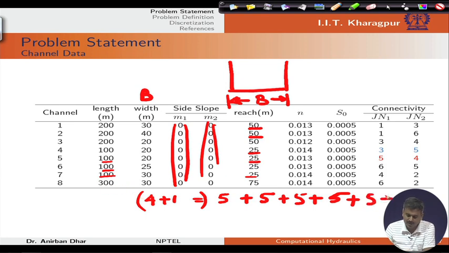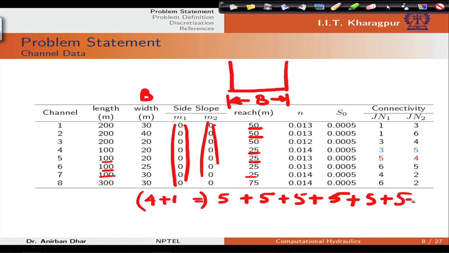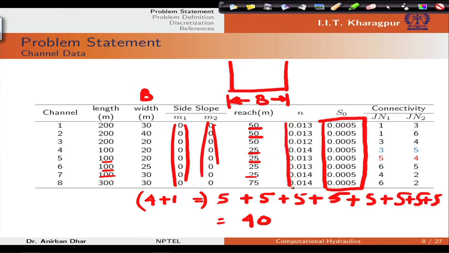So, all total we have 1 2 3 4 5 6 7 8, total 40 sections, and in all cases we have uniform bed slope and these are different n values for different channel reaches, and this is connectivity information.